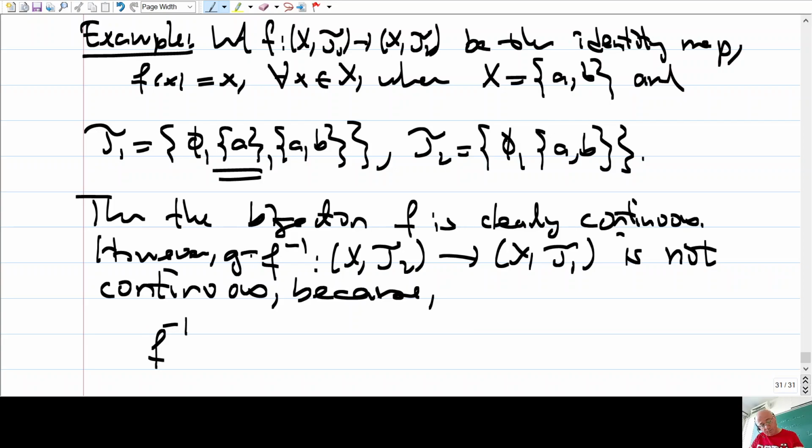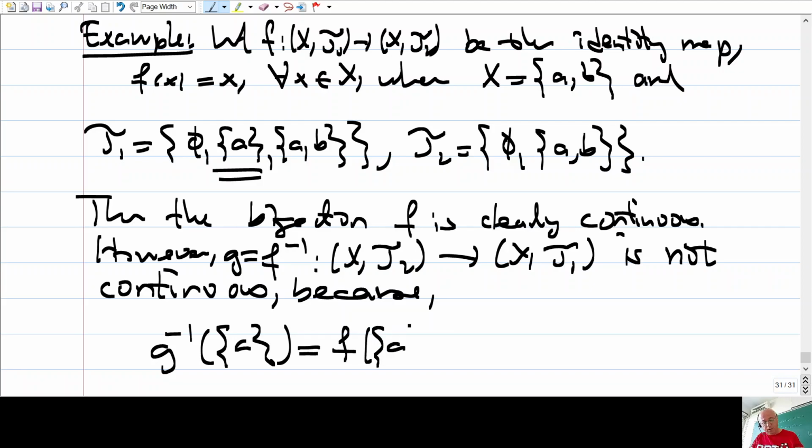Let me call it G. The inverse image of {a}, well, the inverse image under f inverse, since f is a bijection, is nothing but f of {a}, and this is {a}, and this set is not open in tau 2.